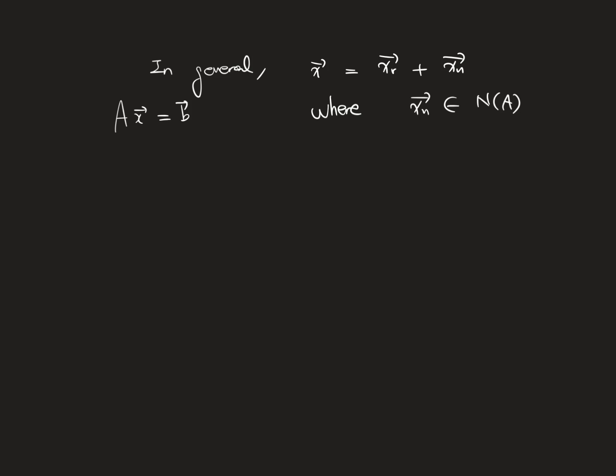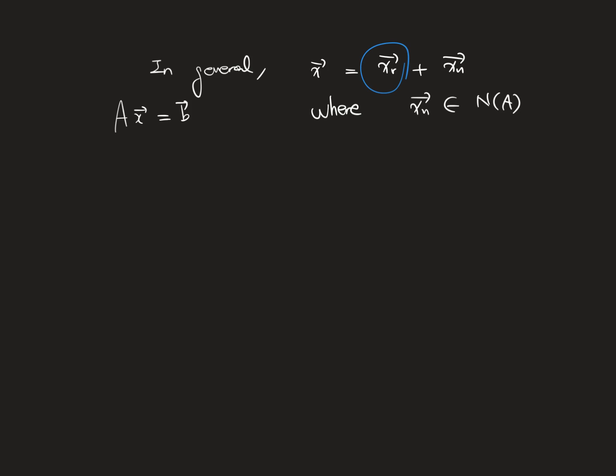When we talk about a particular solution, it could be x r, but it could be different, because it could have some components of the null space solution added. So we cannot say a particular solution is always x r.